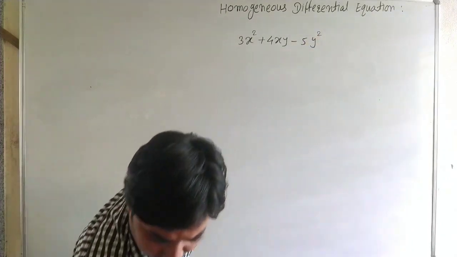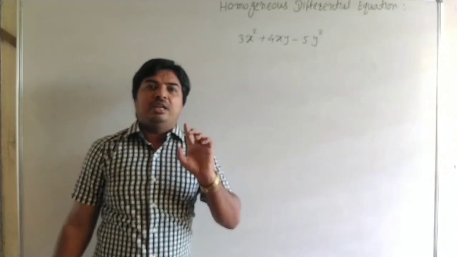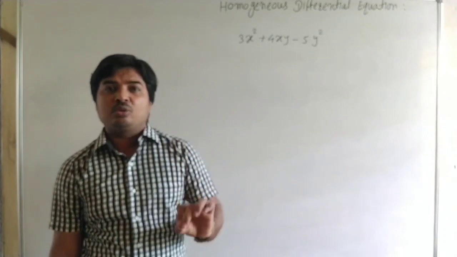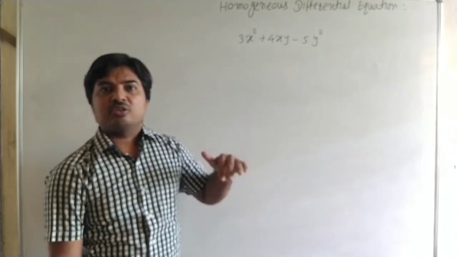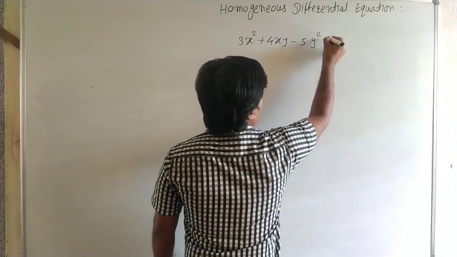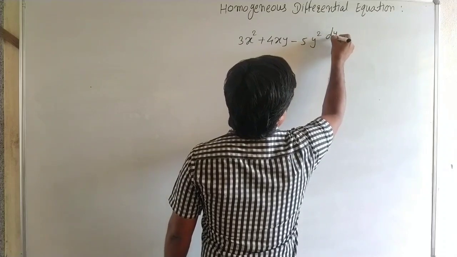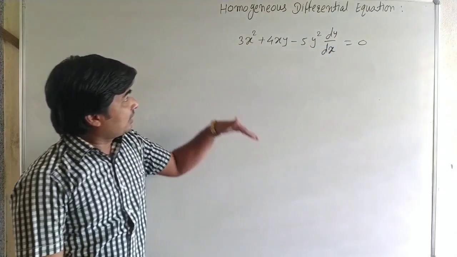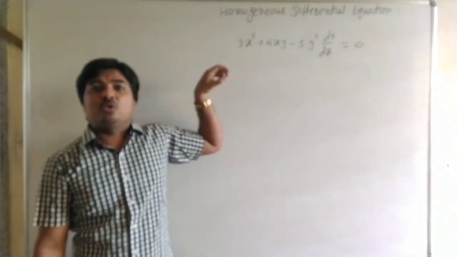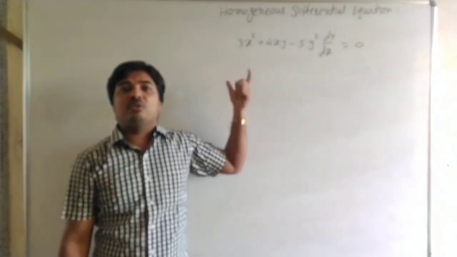A differential equation is an equation which contains the derivative of the function, that is dy by dx or dx by dy. Here this equation is a homogeneous differential equation of degree 2.